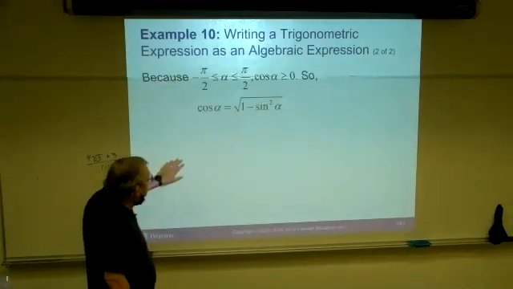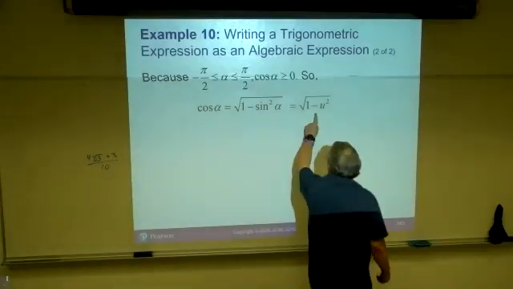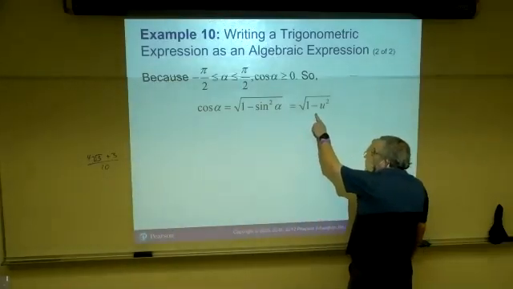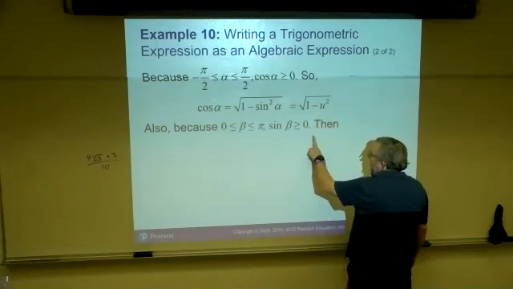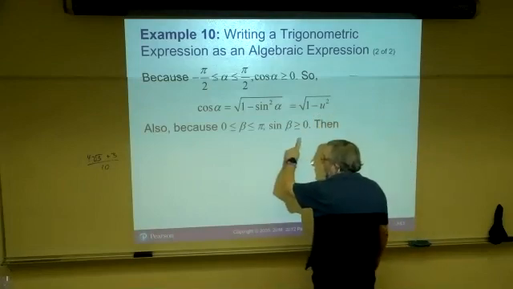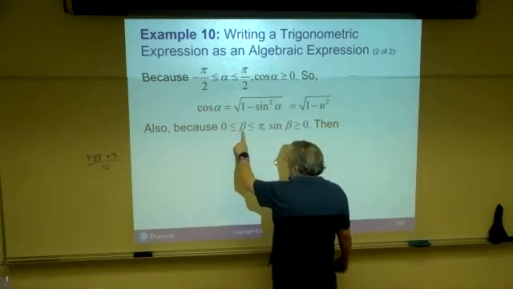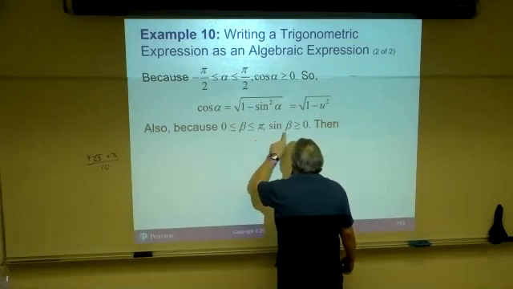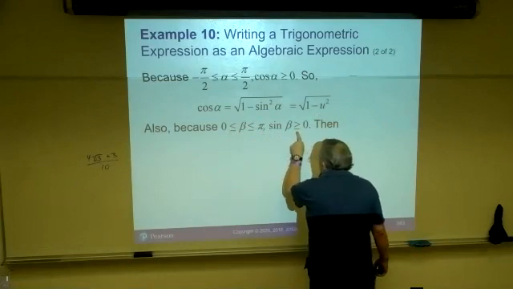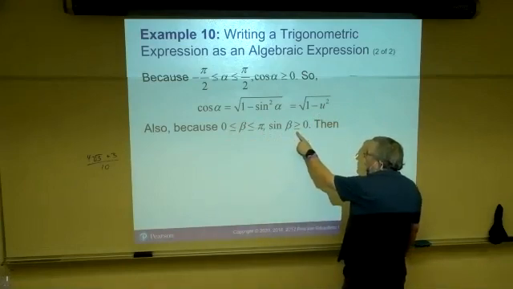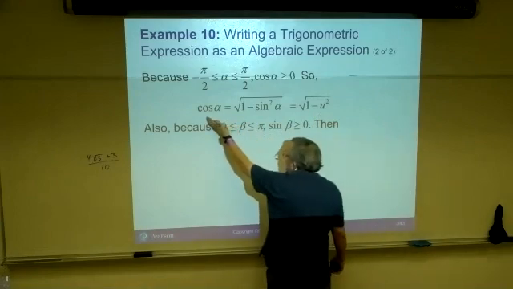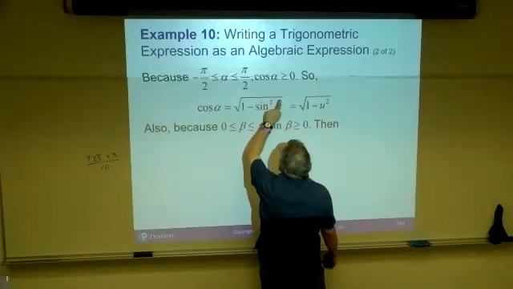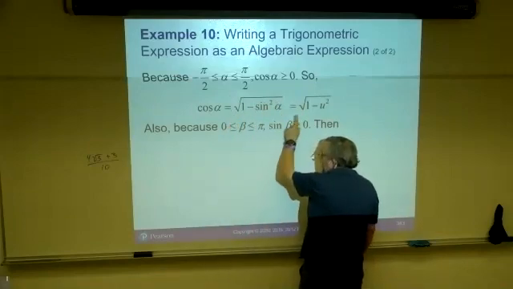So that's how we know this part here, that cosine alpha is the square root of 1 minus u squared. And because beta has to be between 0 and pi, that means sine has to be greater than or equal to 0. And so the sine is going to be positive, so that's what they're talking about here, that cosine has to be positive, so it's a positive square root.